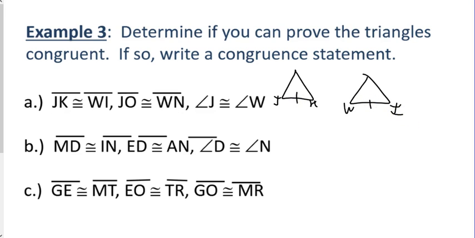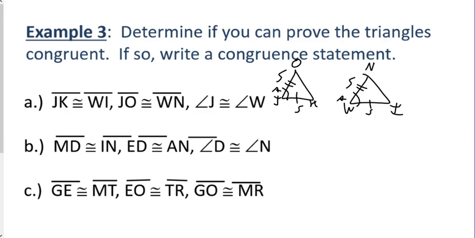JO, so that's got to be up here, is congruent to WN. So that's marked. Angle J is congruent to angle W. Well, what we have there is side, angle, side, side, angle, side.